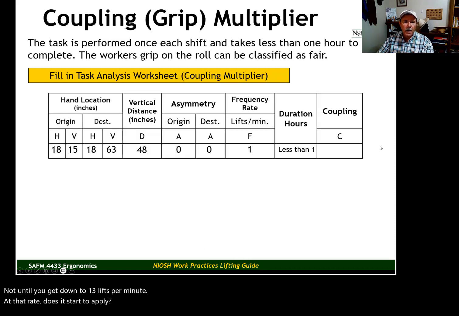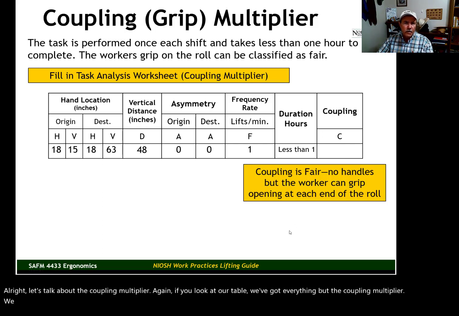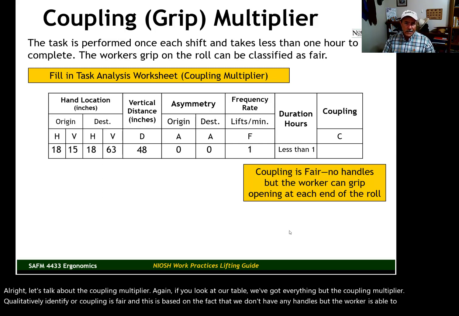All right, let's talk about the coupling multiplier. Again, if you look at our table, we've got everything but the coupling multiplier. We qualitatively identify our coupling as fair. And this is based on the fact that we don't have any handles, but the worker is able to grip the roll of paper at each end.